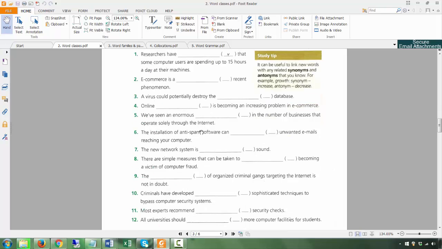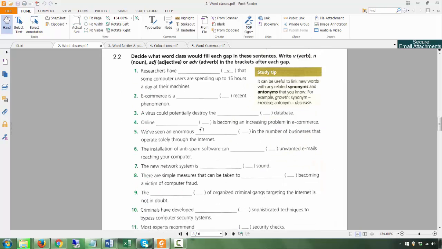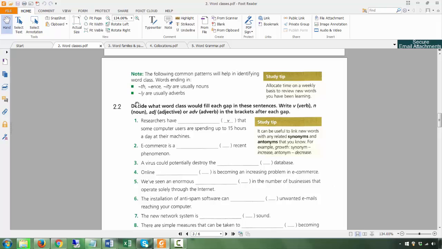Then it comes to this section. Okay, this is a bit tricky. Now, the first thing you need to do, all right, is this blank. There's a missing word here, and this bracket is basically the word class of this word that's missing. Now, you may think, how on earth am I going to know the word class of the blank word?